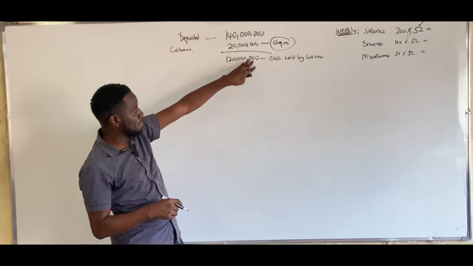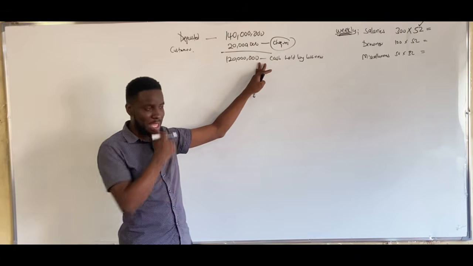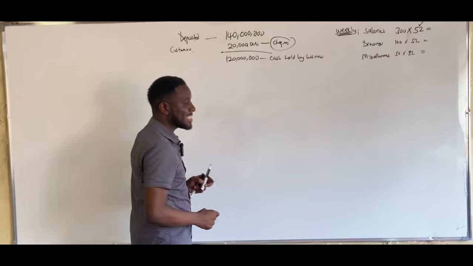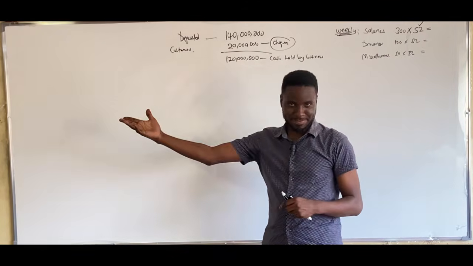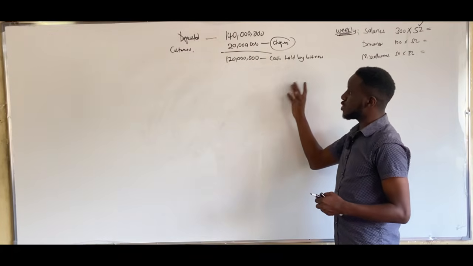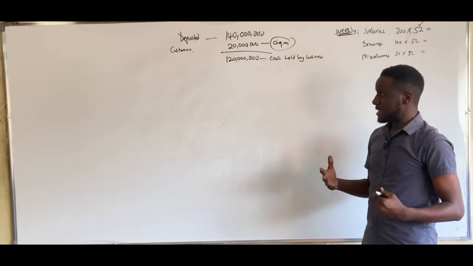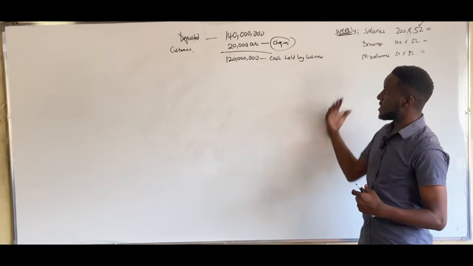So if the business banked 120 million, this makes it a contra entry. Meaning in our cash book, we are supposed to recognize this as a contra entry because it was cash which was banked.